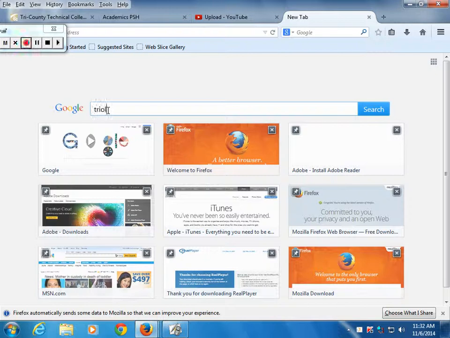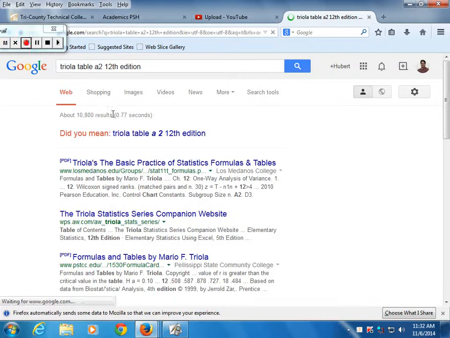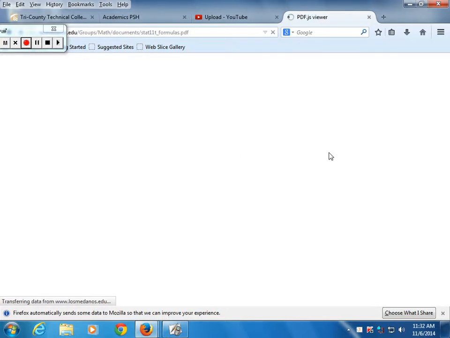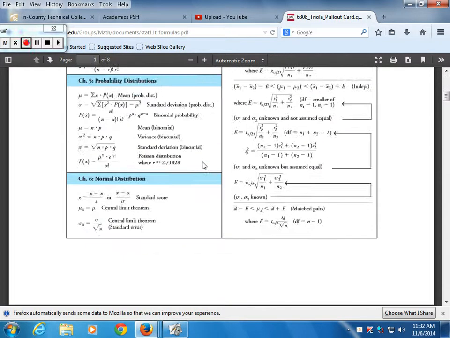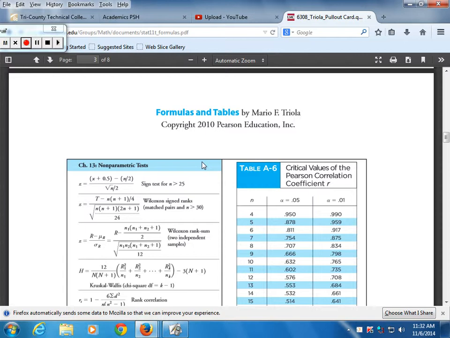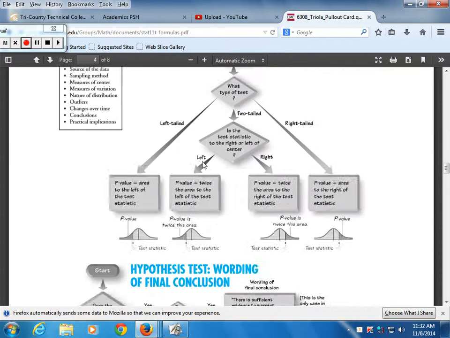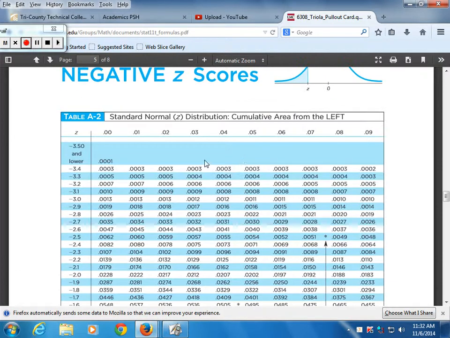Triola table A2 12th edition. And there it is. And then you print it out. And there's the table. All you need is about the second or the fourth page, fifth page. There we go.